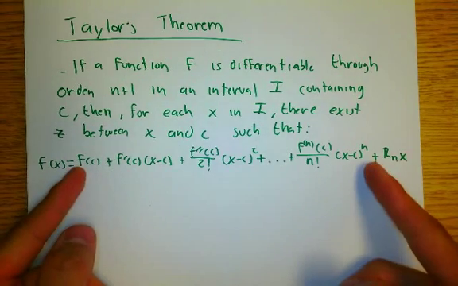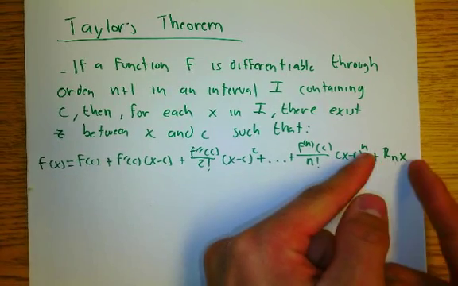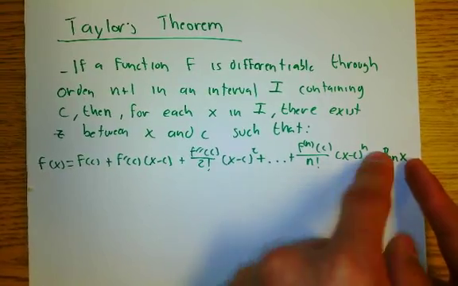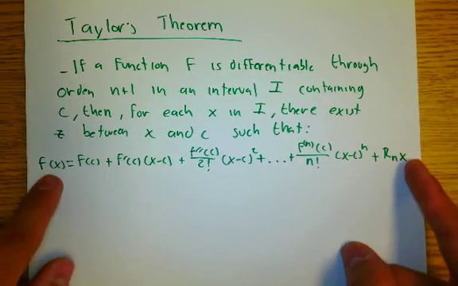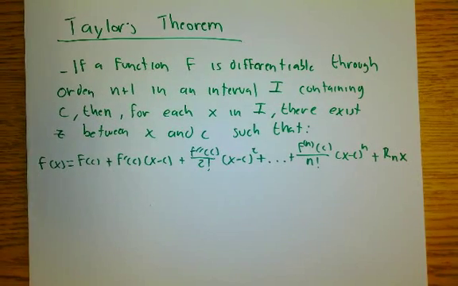I also want you to notice it says f of x. It no longer says P sub n of x, because that would make it a Taylor polynomial, and a Taylor polynomial gives you an approximation, right? So would you agree that the Taylor polynomial would be from here to here? That would be your approximation.